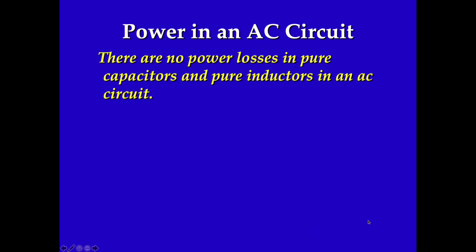They don't lose any energy. So for an RLC circuit, the power that's dissipated, of course, is I times V. So let's look at power as a function of time. And then our goal is to calculate the average of this.